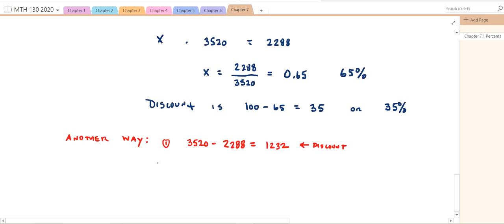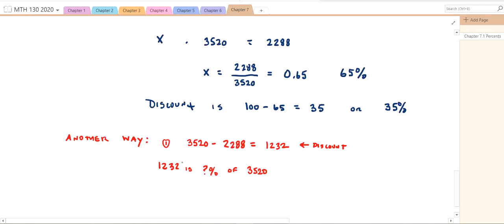So now we can ask the question, 1232 is what percent of our original number, 3520.